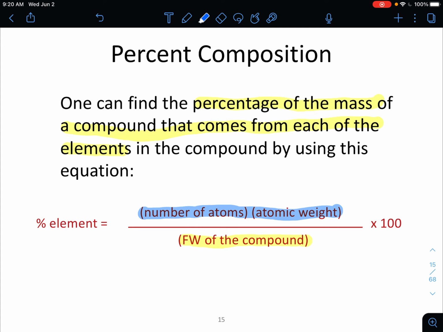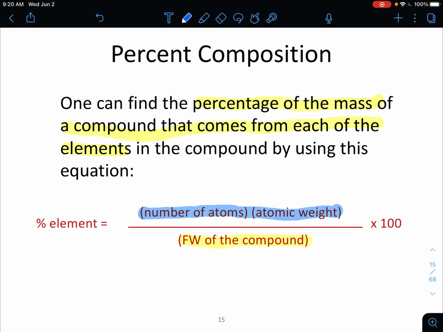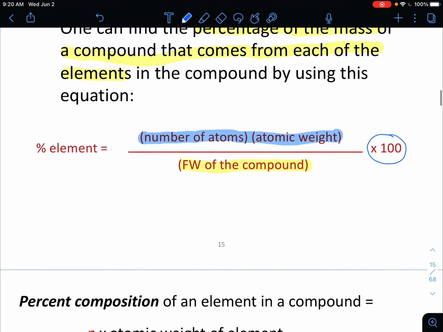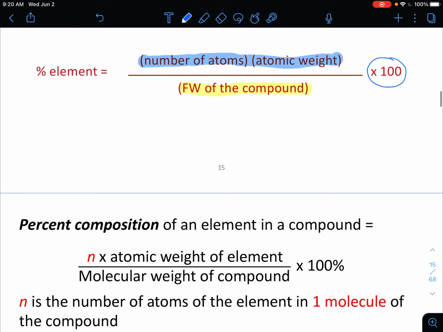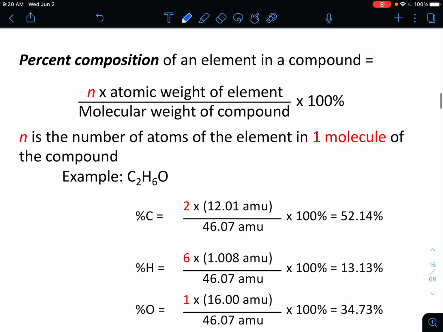So we can just figure out the total mass, put that in the denominator, and then in the numerator will just be the partial mass from whichever element it is we're talking about. And to convert it into a percentage, we always want to be sure that we multiply by 100 in order to do that. So let me show you one example of this, and that should pretty much do it.